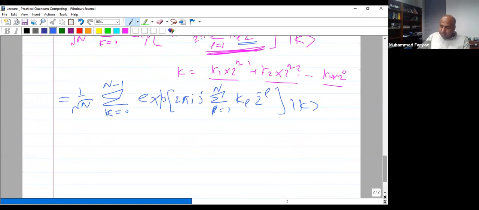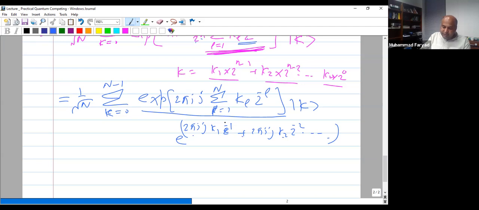All right. So this exponential is something like this: exponential 2 pi iota j k1 2 power minus 1 plus 2 pi iota j k2 2 power minus 2 and so on. So this sum indicates that there are these terms that are adding up.